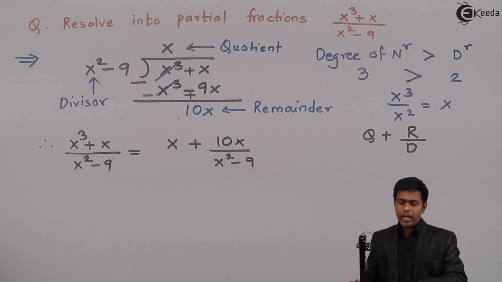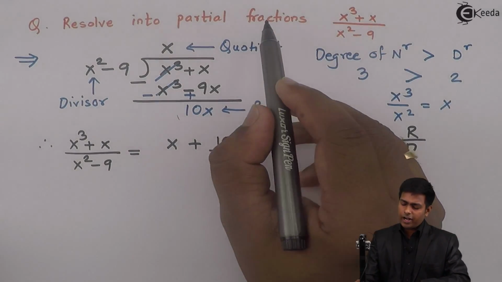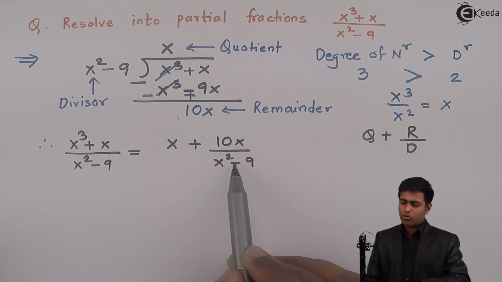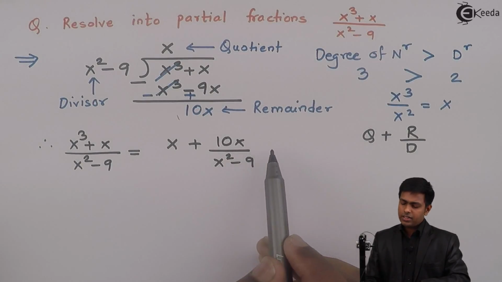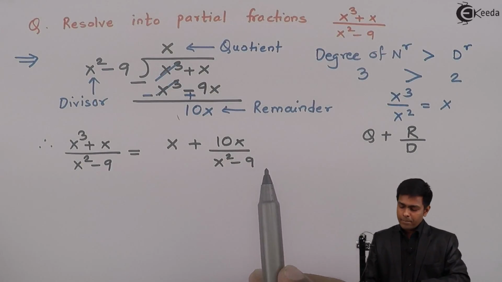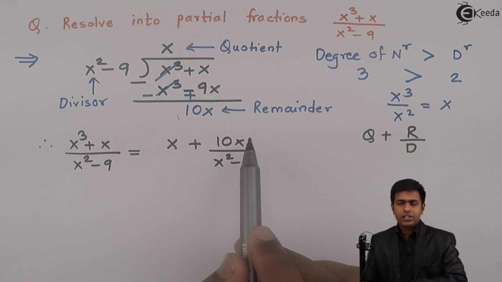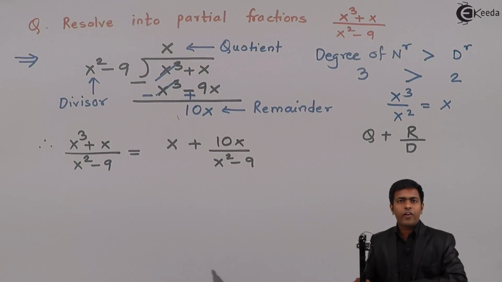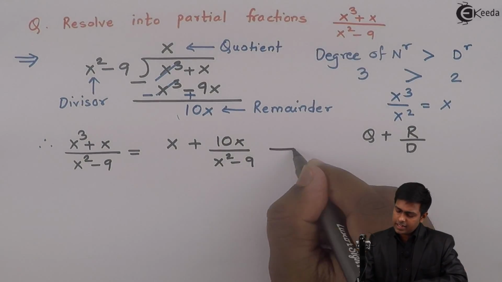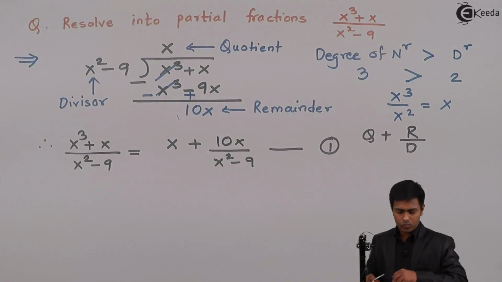And now we can perform the partial fraction for 10x upon x square minus 9 because it is a proper fraction. By performing the partial fraction for this proper fraction, we will find the two fractions for it, and then we will substitute that value over here to get the final answer. So here I will say this is equation number 1.